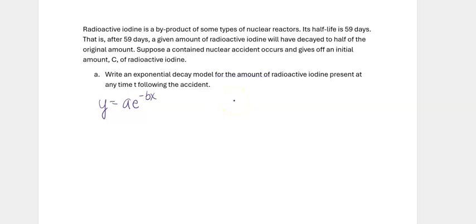So because our original amount is C, and we want to know what the half-life of C is, or half of C after a certain amount of time, we're going to look for half of C. Well, half of C is going to be C, which is our A, times the natural base raised to the negative b times, in this case, 59, because we know our half-life is 59.